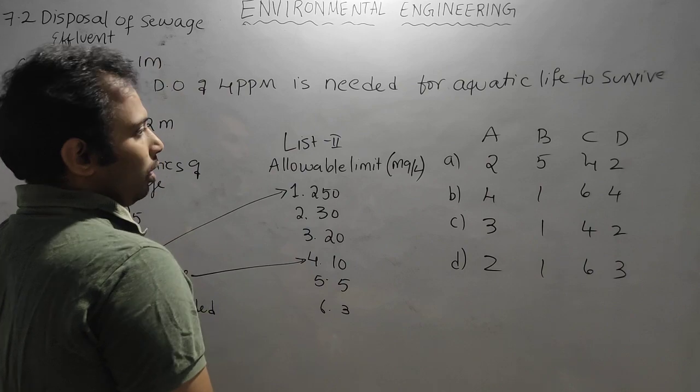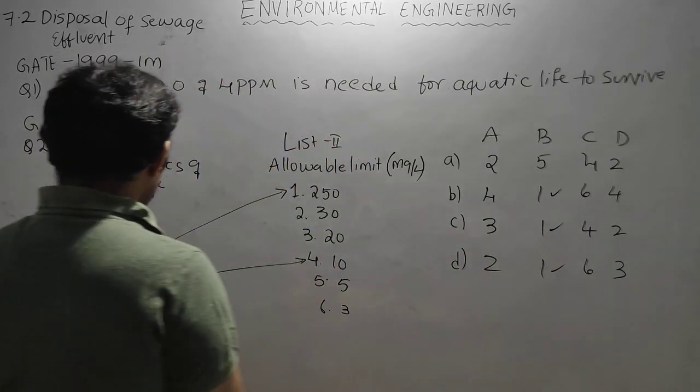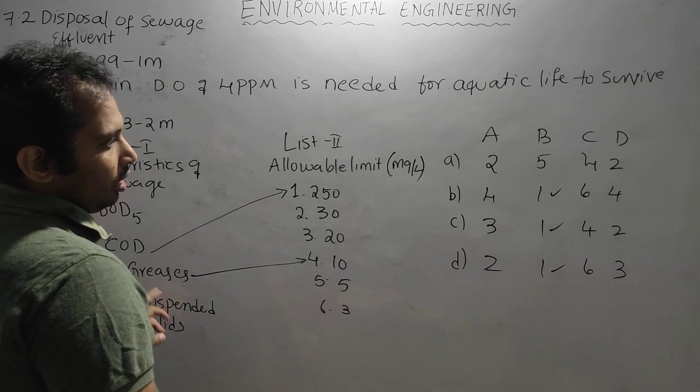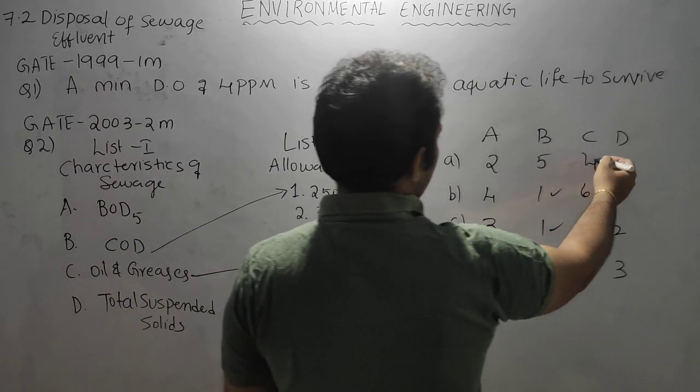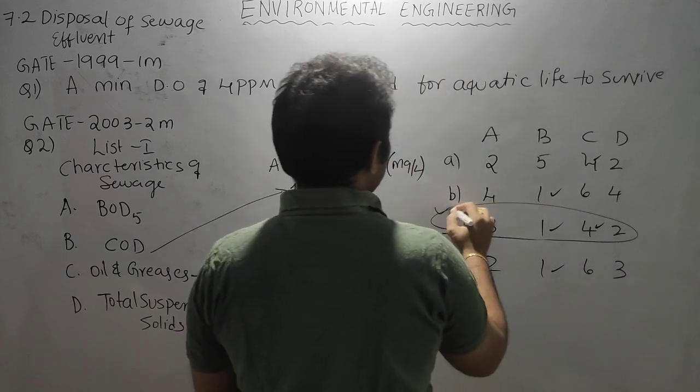So for B it is 1, here it is 1, here it is 1. For C it is 4, so for C, here and here are 4. So if you take the intersection, this is the answer.